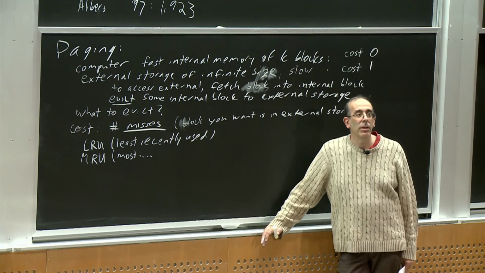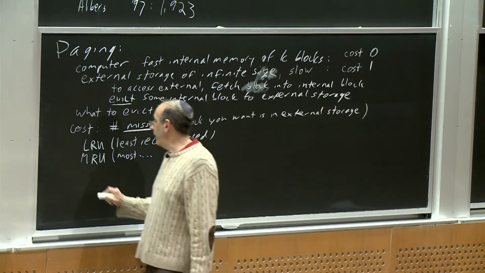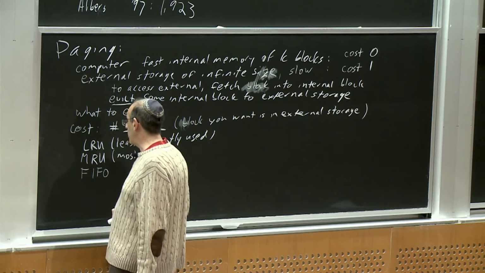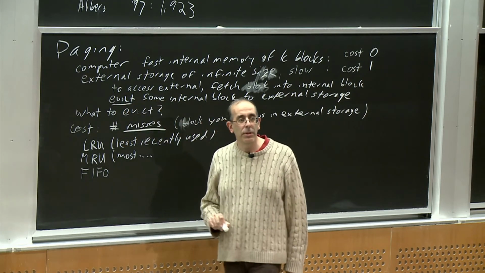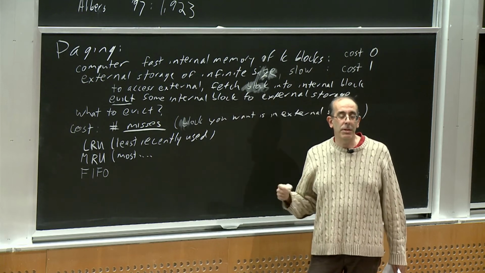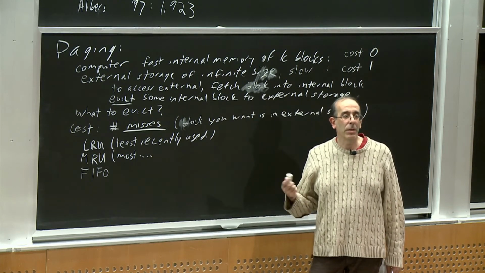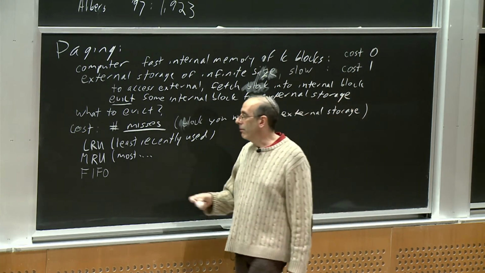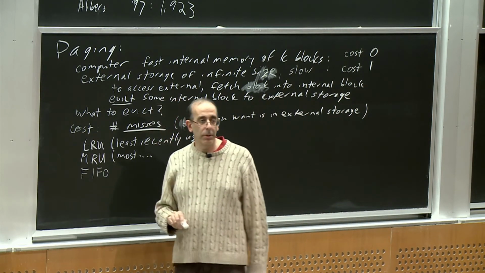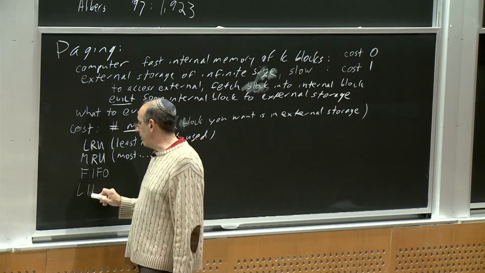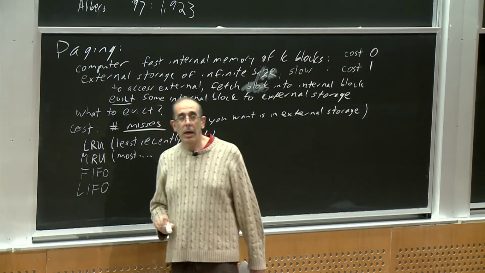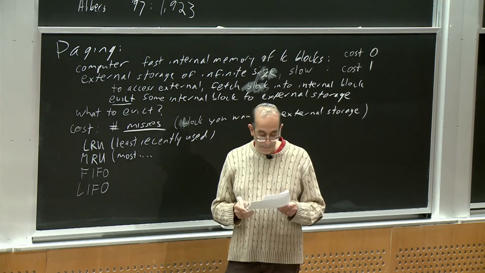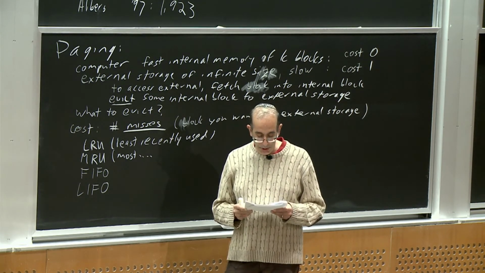it again. Okay. There are some other variants which are kind of simplified versions of these. So FIFO, right? When you have a miss, you evict the oldest block that you brought in, whether you used it or not. That corresponds to LRU. There's also LIFO, last in, first out, which is equivalent to the most recently used procedure.